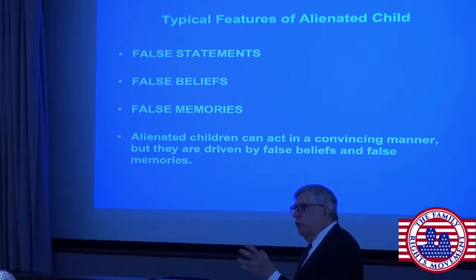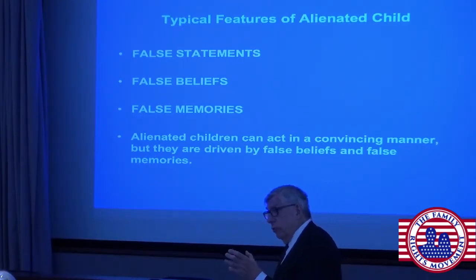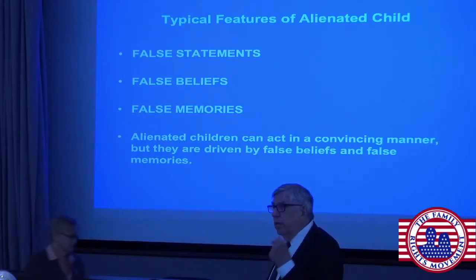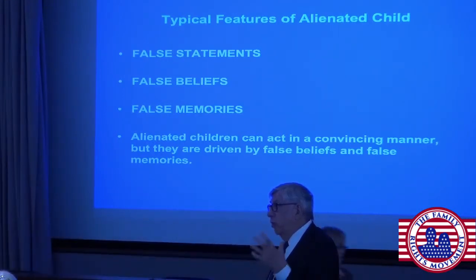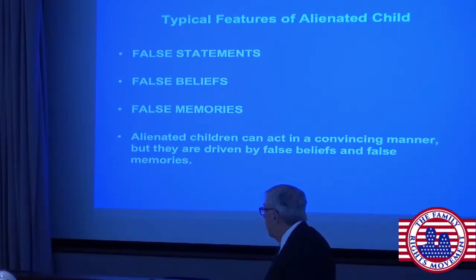If you have false beliefs persistently, you have false memories. You start to remember things that never really happened. As a result, these children sometimes are very convincing because what they remember is daddy did this and this and this, and those things never happened. But they're convincing because they think that they actually happened, which is the essence of false memories.